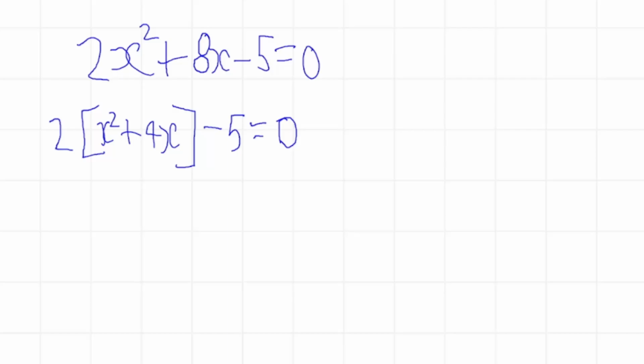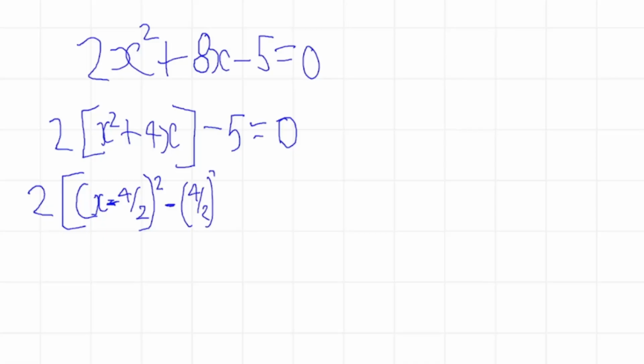And then we need to actually complete the square. So how it works is it is x minus half of what it is, so it would be 4 over 2 squared, minus brackets 4 over 2 squared. And then close brackets, minus 5 equals 0.